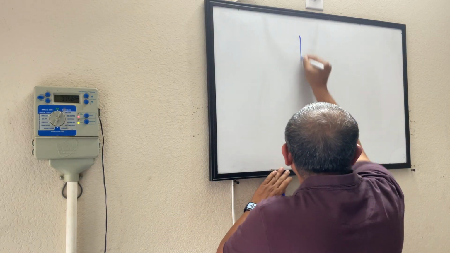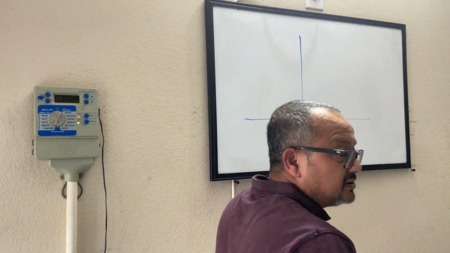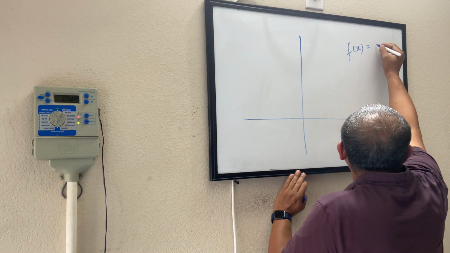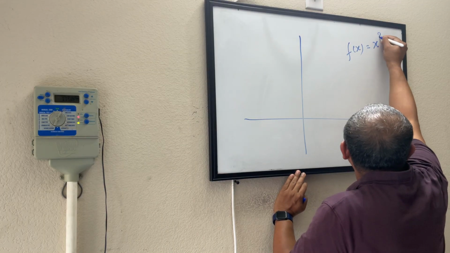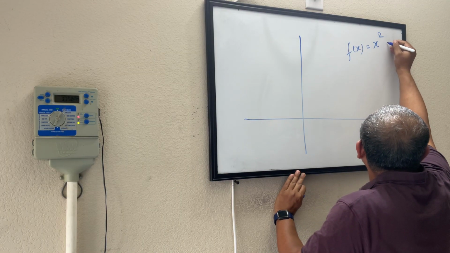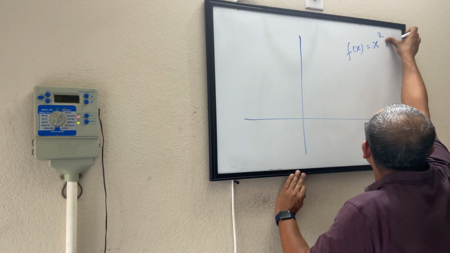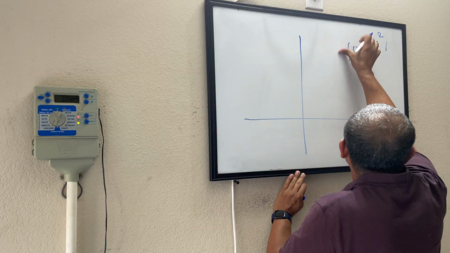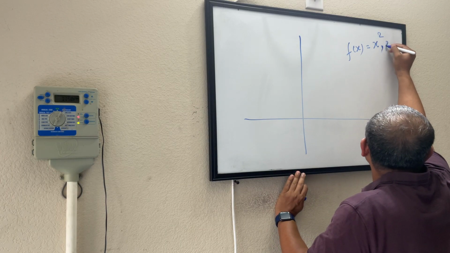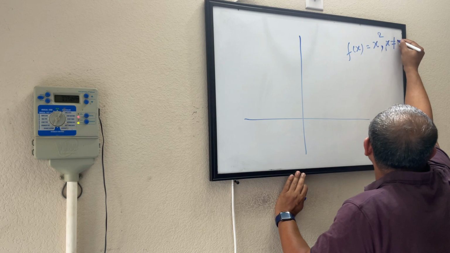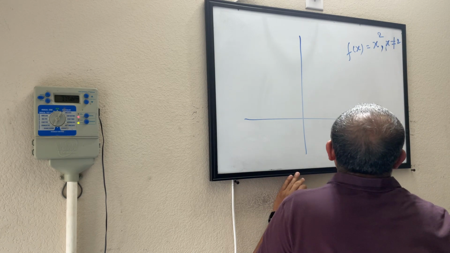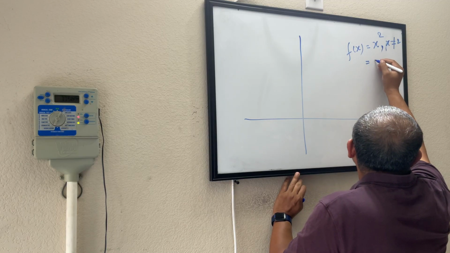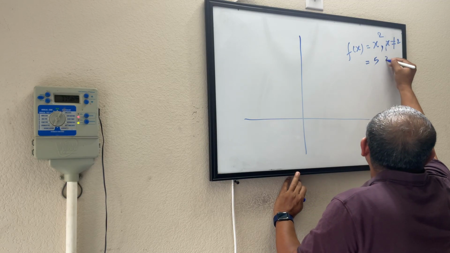Let's look at, let's say I have a function which is, let's say, x squared, in the situation where x is not equal to 2, and this same function is equal to 5 when x equals 2.